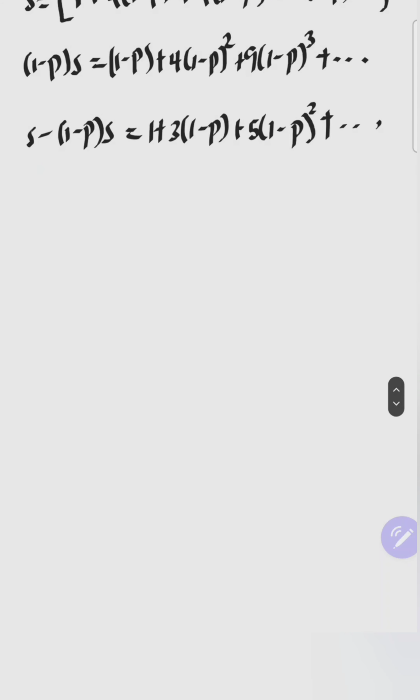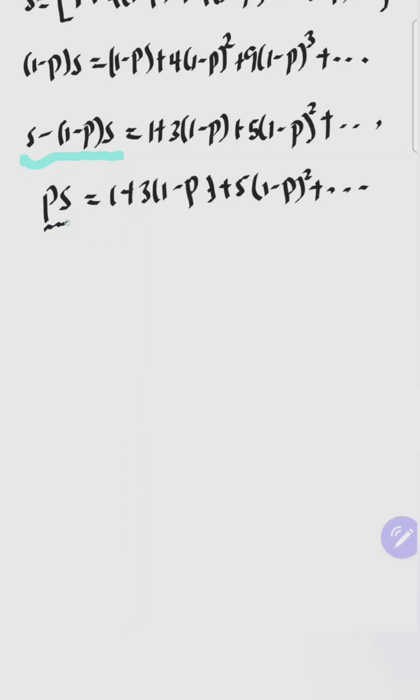Now, solving the left-hand side here, this is going to give you ps equals 1 plus 3(1 minus p) plus 5(1 minus p) squared. Now, there's something I would like to do.